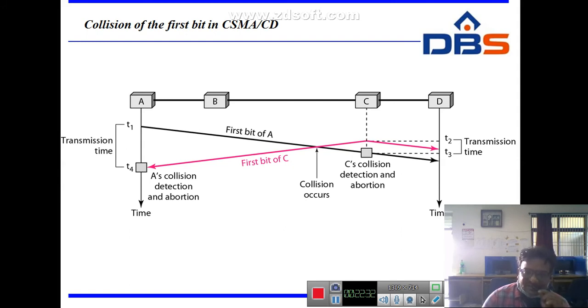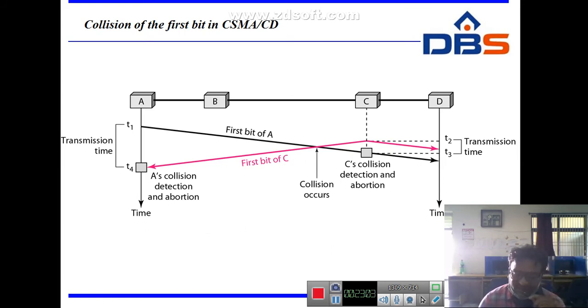At that time, the C transmitter will detect the collision and abort the data. Again, if the data does not reach the destination station, a request or acknowledgement will be released from the destination to the source.